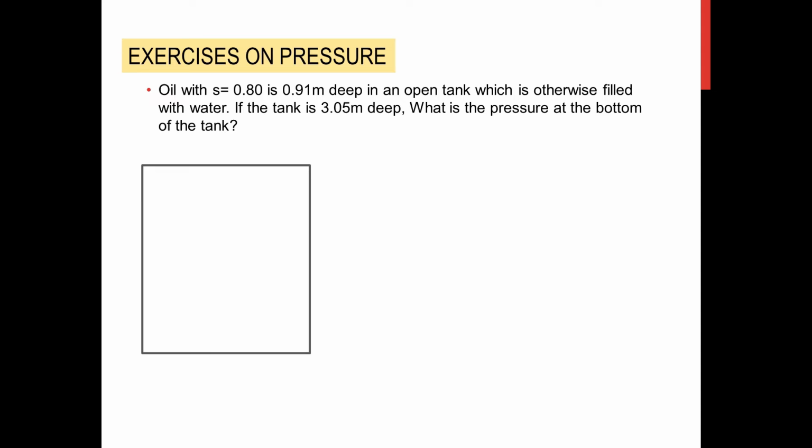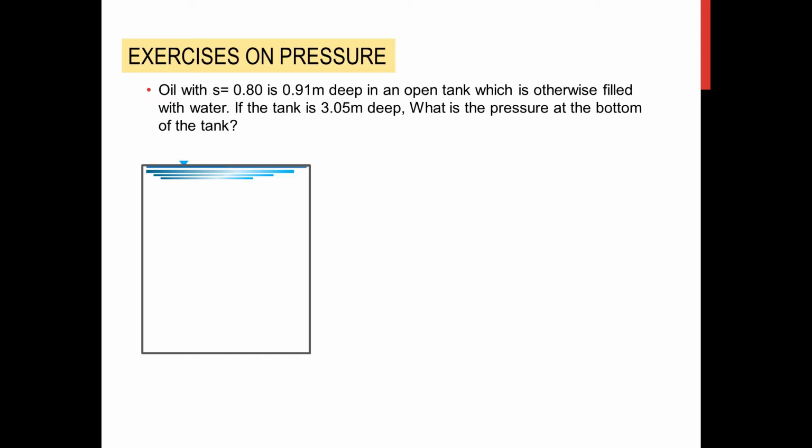So we start with illustrating the problem. We draw a tank. This is an open top, wherein this is filled with oil. So remember that comparing oil with that of water, water is heavier than oil because oil has only 0.8 specific gravity compared to that of 1 of the water.